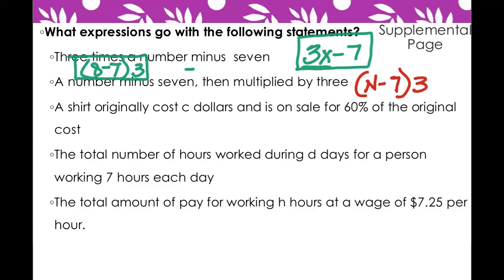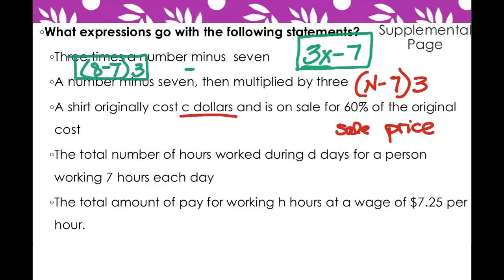A shirt originally cost $C. It is on sale for 60% of the original cost. So I want to know, what is the sale price? A shirt originally cost $C. It is on sale for 60% of the original cost.